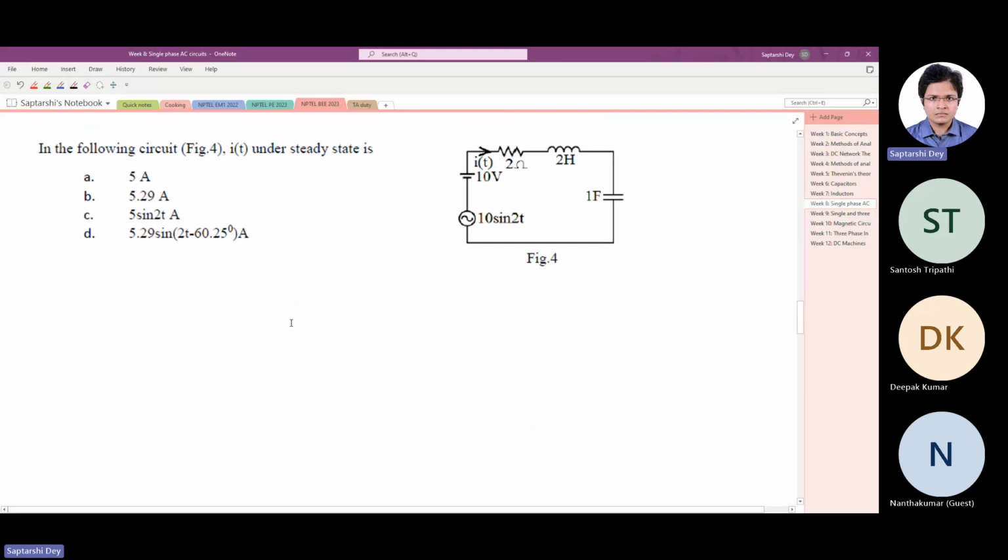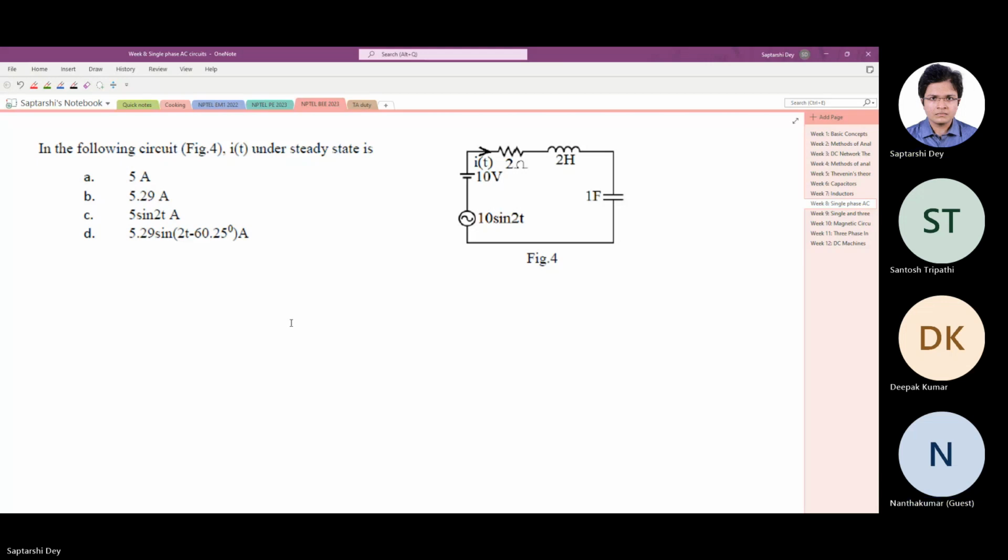In the following circuit, I_T under steady state is how much? Okay, so the specialty of this question is it has a DC source and an AC source in series.